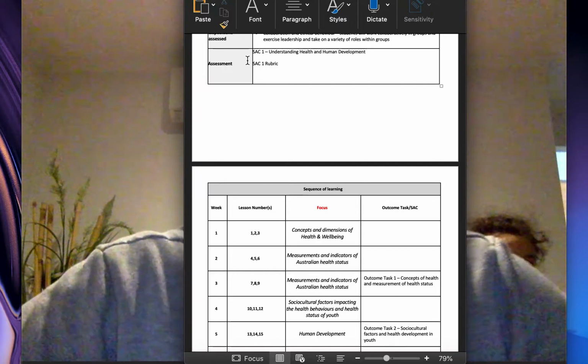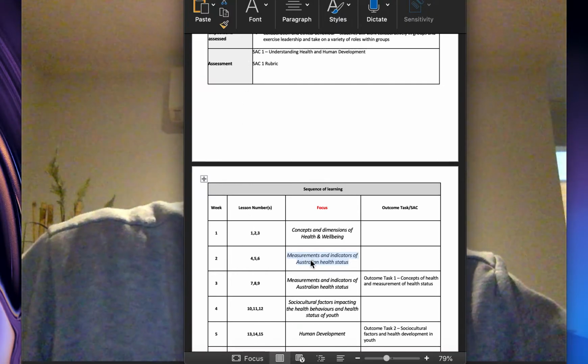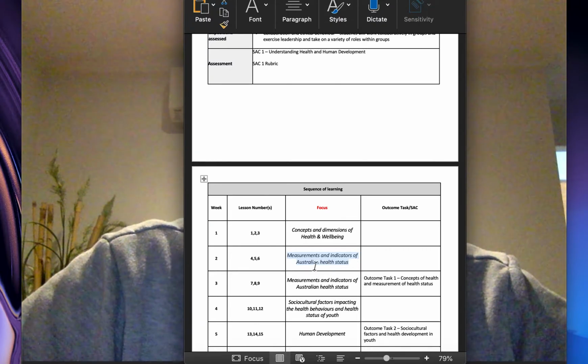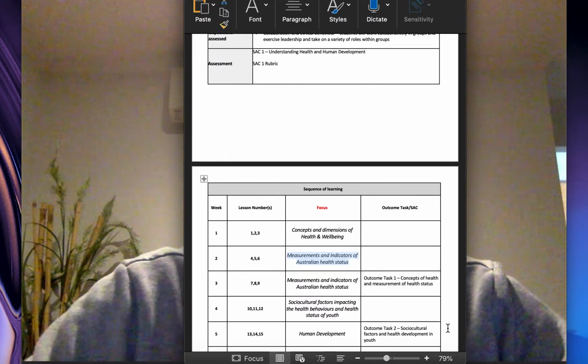And then this week we've moved into this topic here, which is the measurements and indicators of the Australian health status. So we're now not looking just at an individual and a case study of somebody that's presented to you and what are the 5 dimensions that make up their health and well-being. Now we're actually looking at our country, Australia.